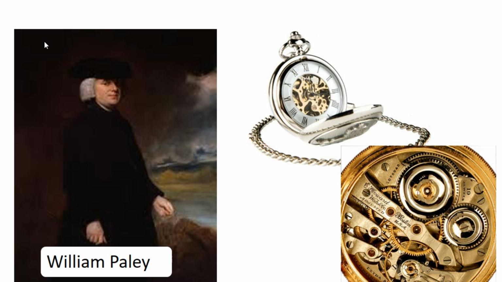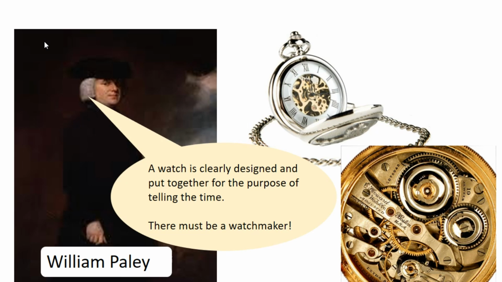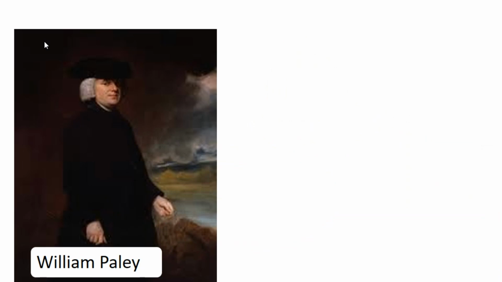So if you opened up the pocket watch and looked inside and saw all of the cogs and the wheels and the springs and the nuts and the bolts and the screws, you would assume that it had been put together by someone, and you would realize that it had been put together for the purpose of telling the time. So a watch is clearly designed for the purpose of telling the time, and therefore there must be a watchmaker. There's somebody who's designed it and made it to fulfill that purpose.